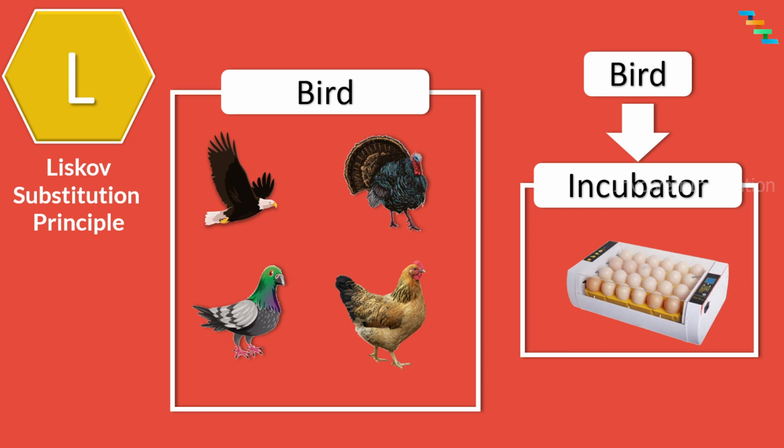If you are utilizing the vulture class, and I modify that to take the turkey, pigeon or hen class, then the incubator should work without any issues. This is what the Liskov substitution principle states, and we will see this with our employee management system example.